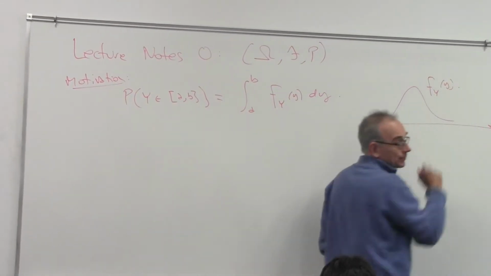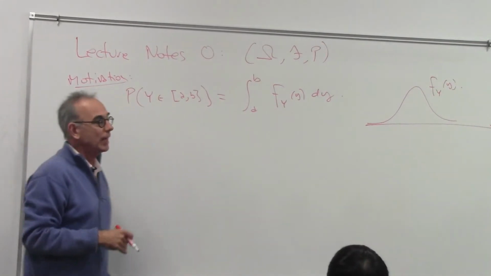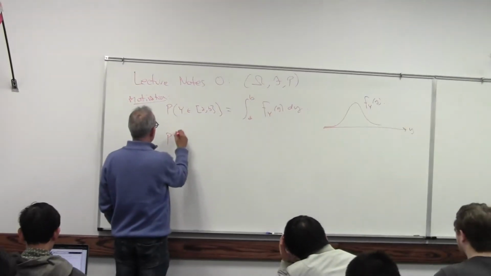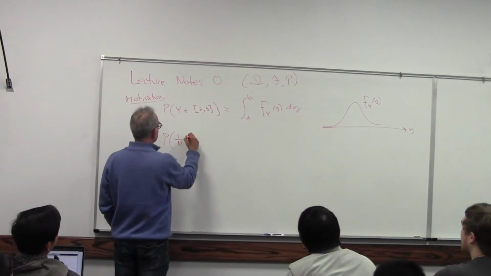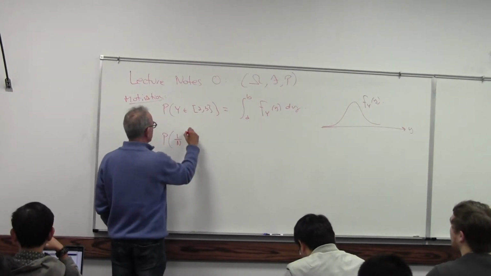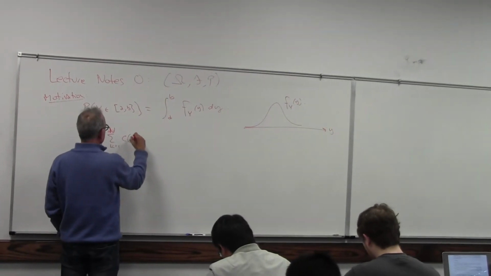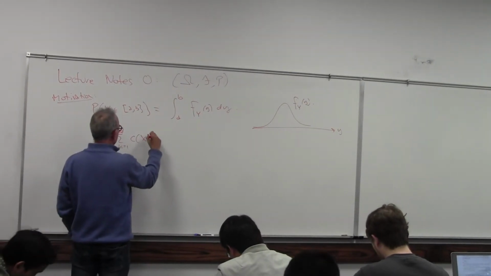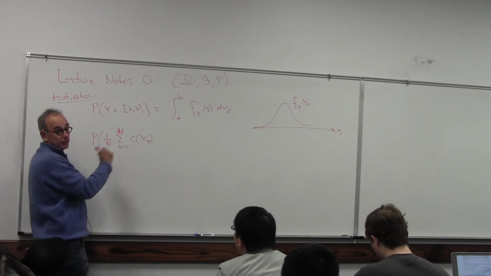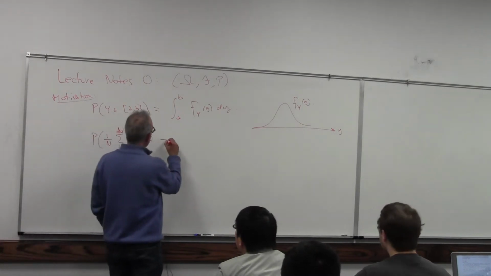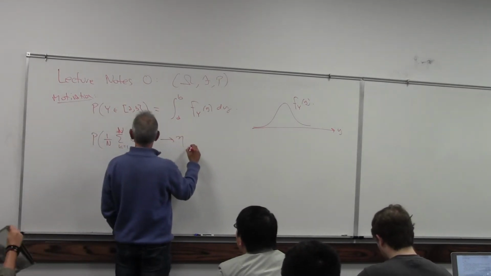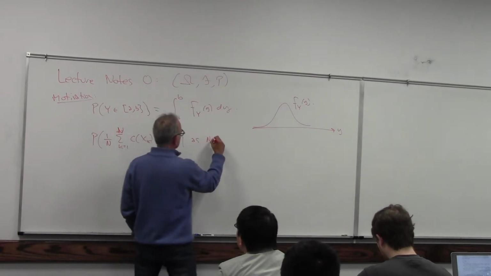All right, now what if I ask you a question: what's the probability that 1 over n, the sum from k equals 1 to n, of c of X_k, so this is my Markov chain, and c is a cost function, goes to some constant eta as n goes to infinity?